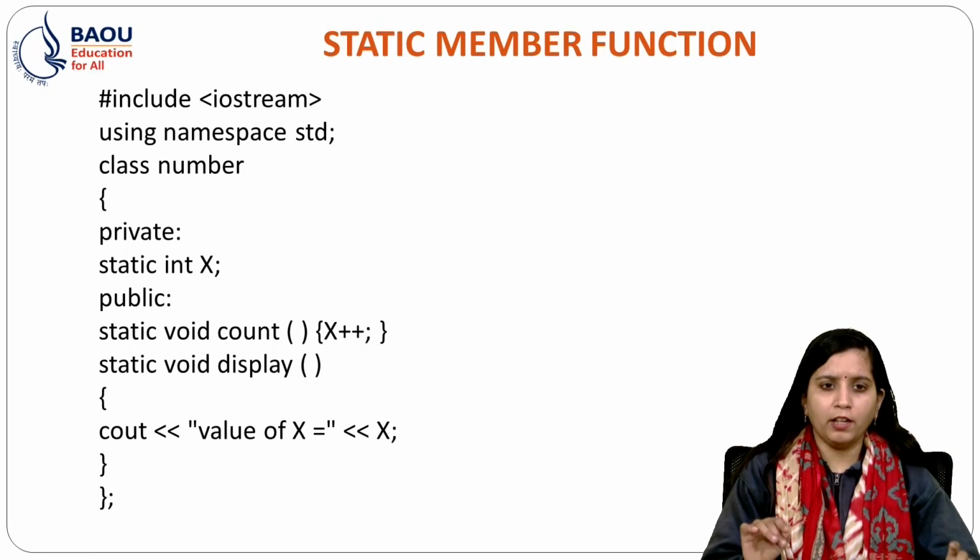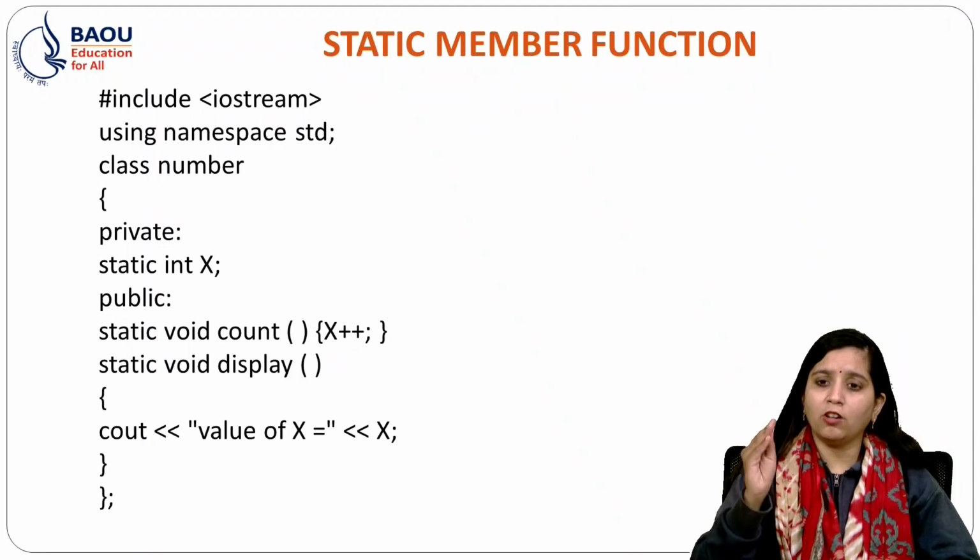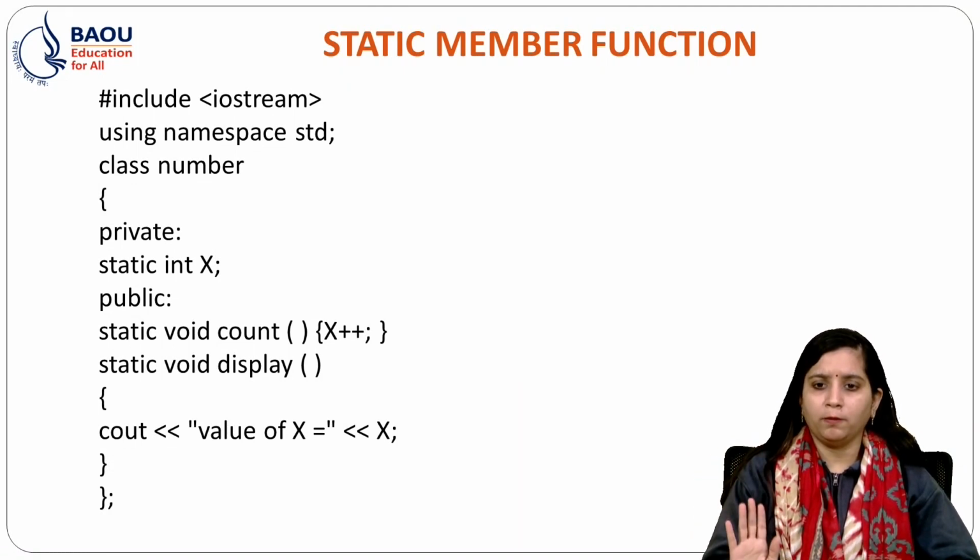First, I have created one class number. In that I have one static data member. A static member function always uses static data members. No other members are there in a static member function. Remember this. Static void count.